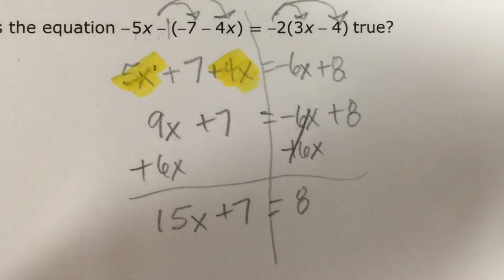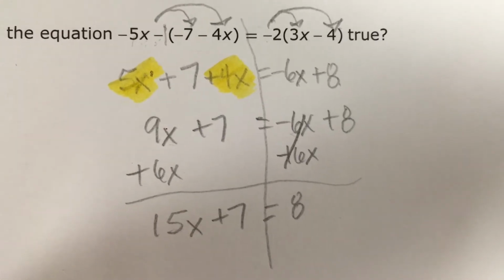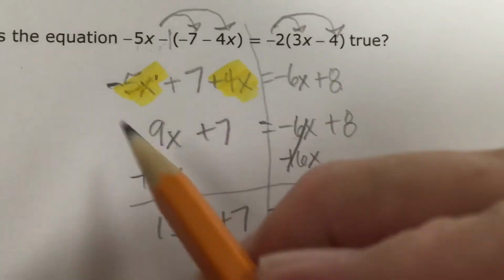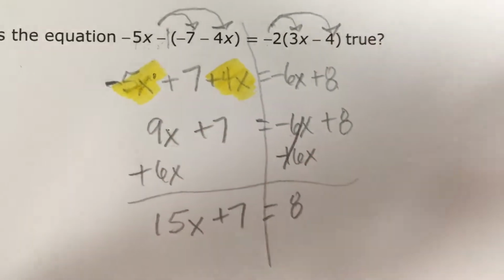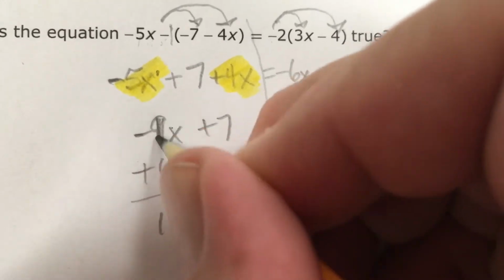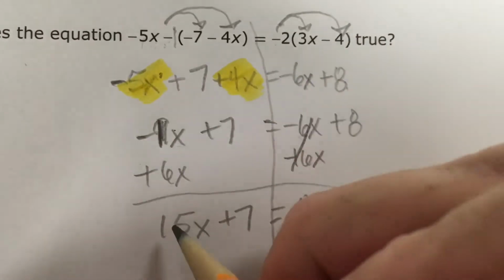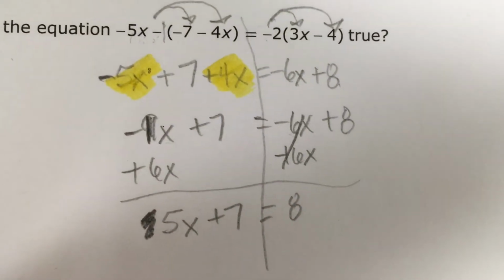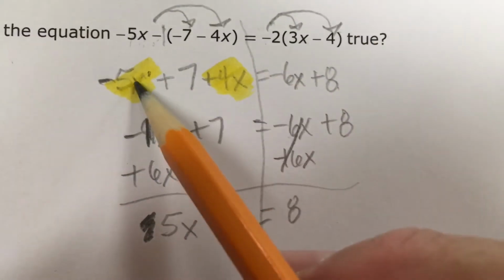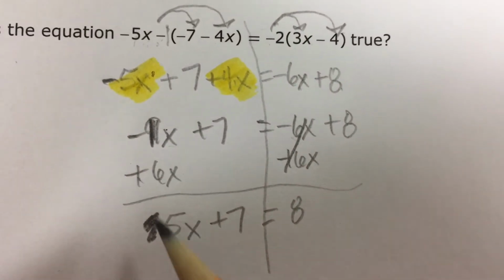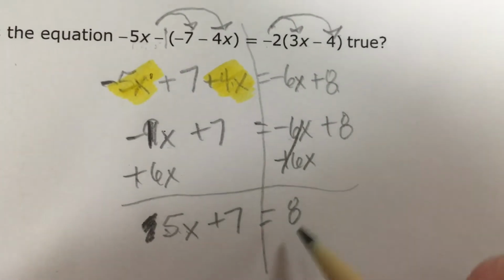Oh, I'm sorry, no wonder. That's a negative 5x. So this doesn't give me 9x up here, this gives me negative 1x. So negative 5 plus 4x gives me 1x. 1x plus 6x gives me positive 5x.